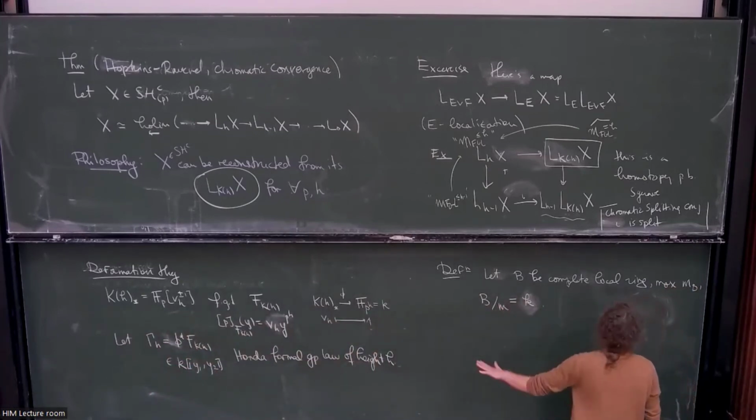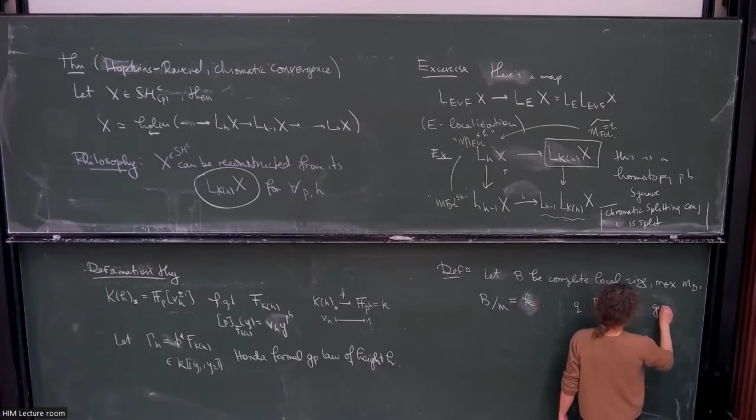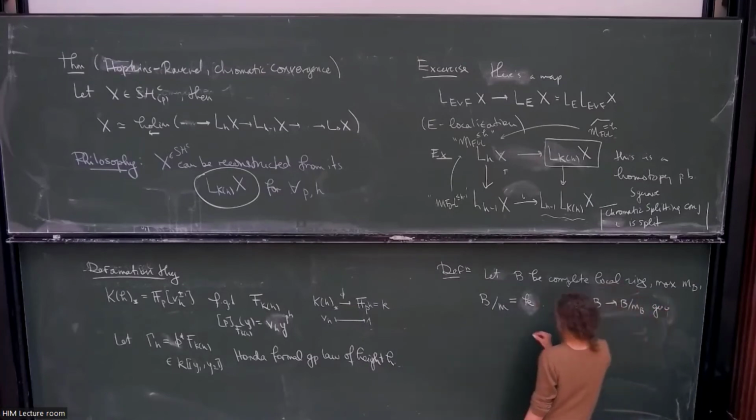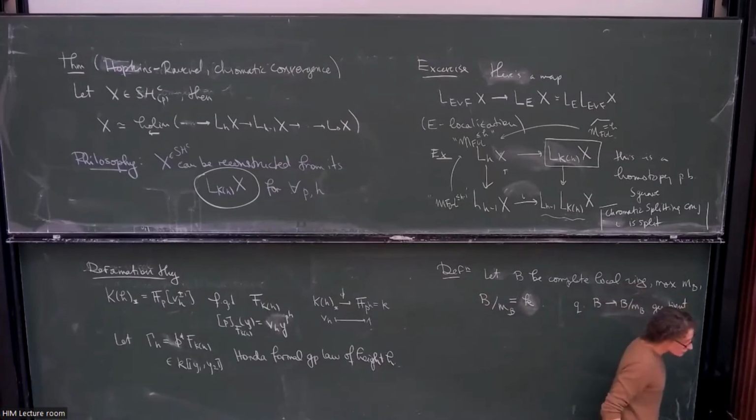Okay, so I've chosen an identification, and I'm gonna let Q from B to B mod M_B be the quotient.